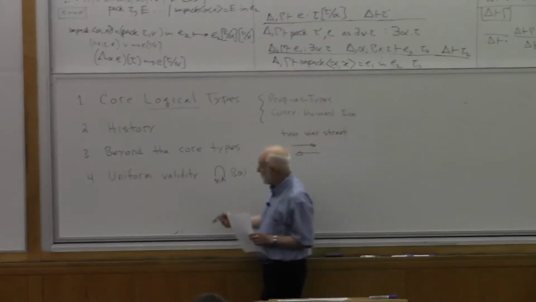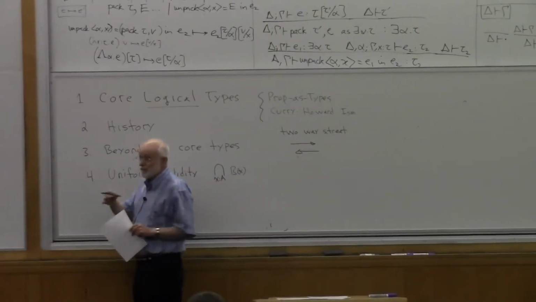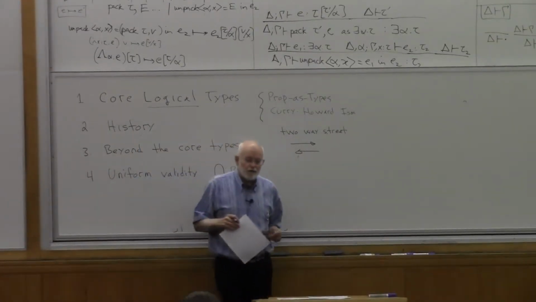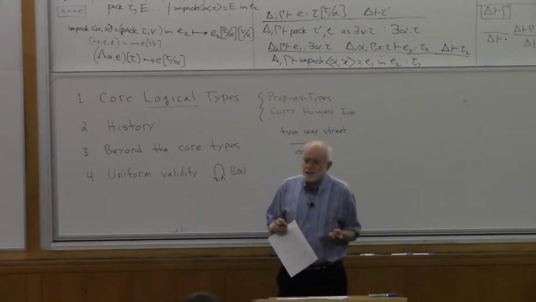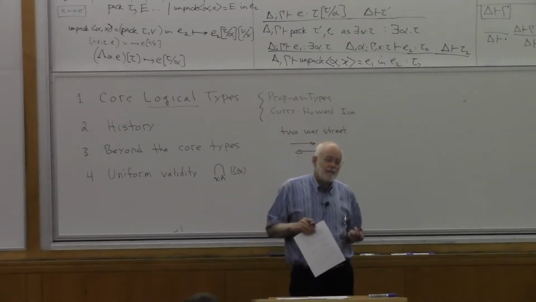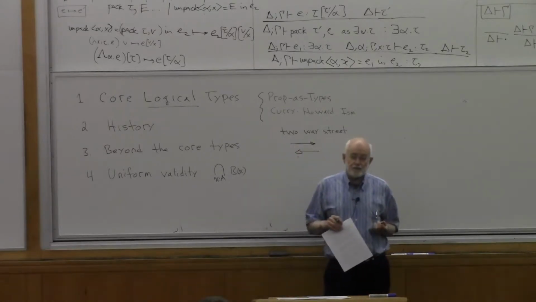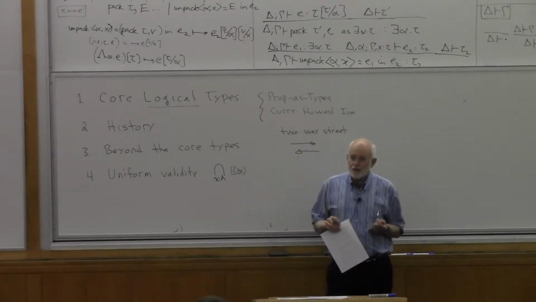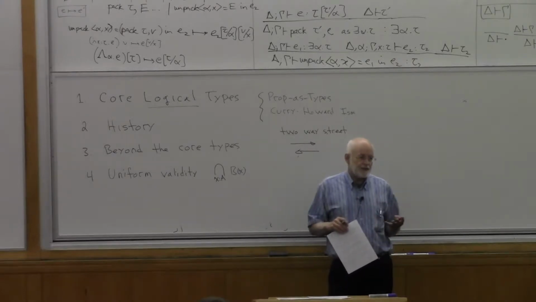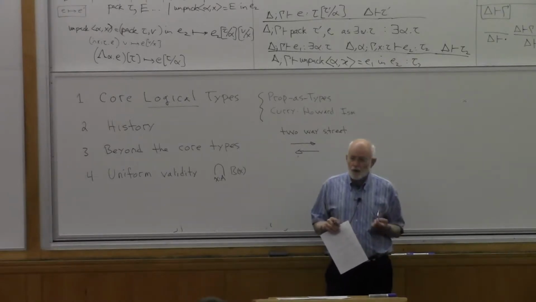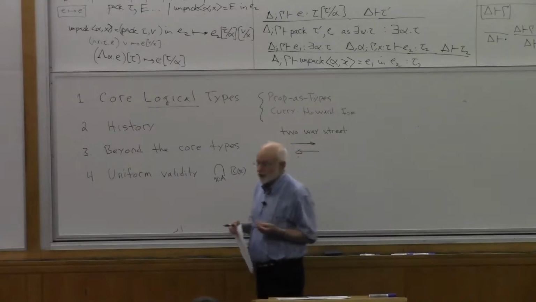And I'll talk about that because Mark and I published last year, 2014, a solution to a long-standing open problem. It was open for about 64 years to give a constructive completeness proof for intuitionistic first-order logic.